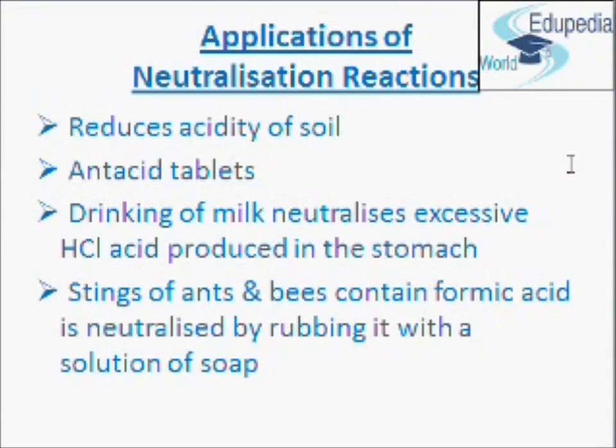The third application is drinking of milk, which is alkaline in nature, neutralizes excessive hydrochloric acid produced in the stomach. And the stings of ants and bees contain formic acid, which is neutralized by rubbing it with a solution of soap which contains free sodium hydroxide, slaked lime, or a very dilute solution of ammonium hydroxide.